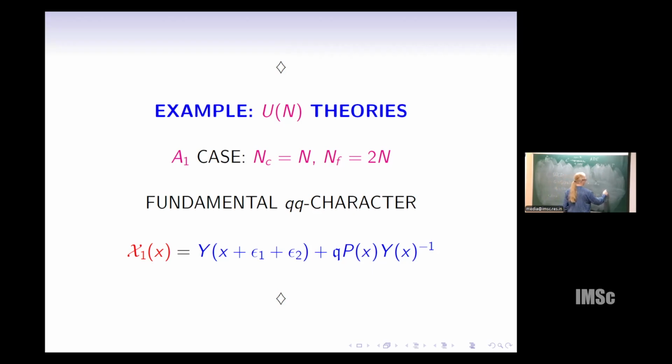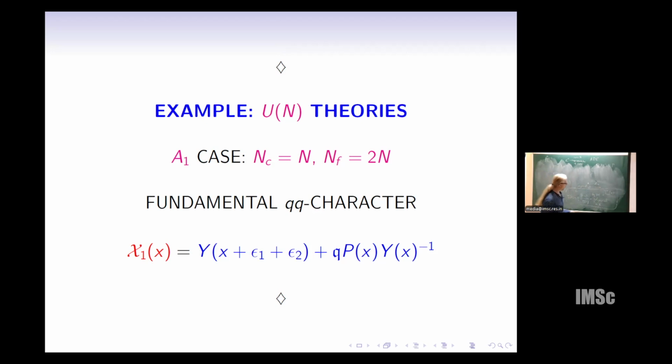We can call this polynomial T. This equation tells you that Y is a solution of a quadratic equation in terms of X, and so this defines a hyperelliptic curve, which is the Seiberg-Witten curve. From that you can recover the effective couplings and everything about the low energy effective theory.